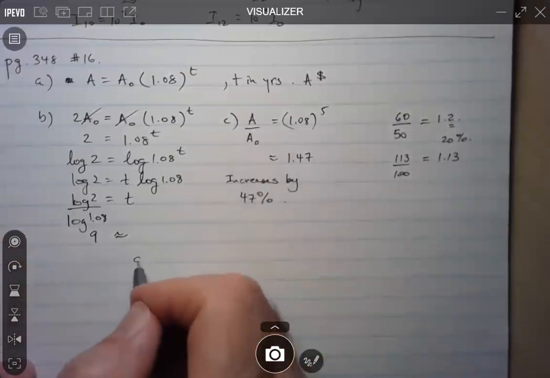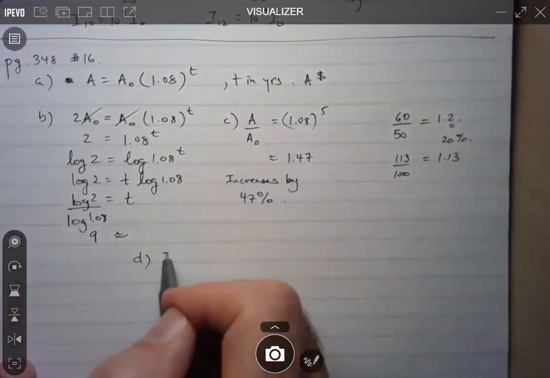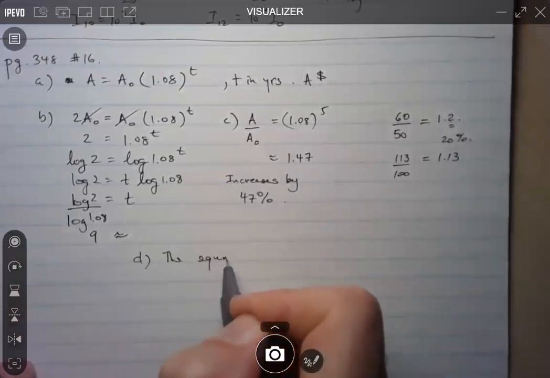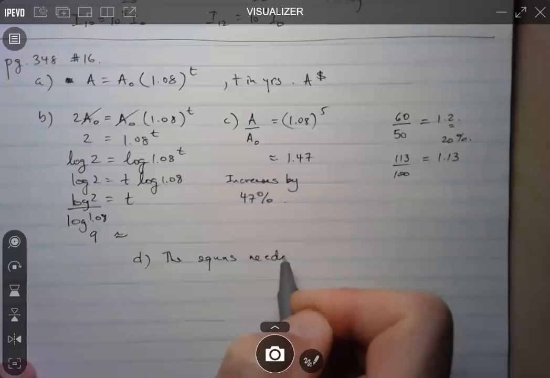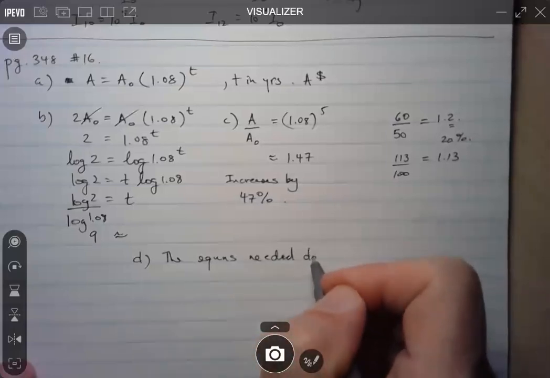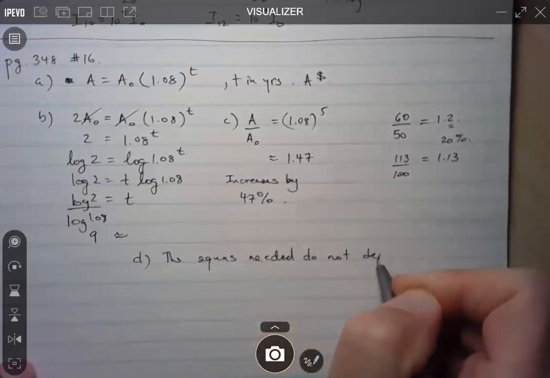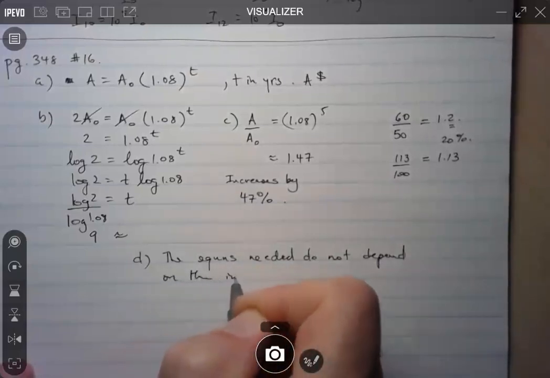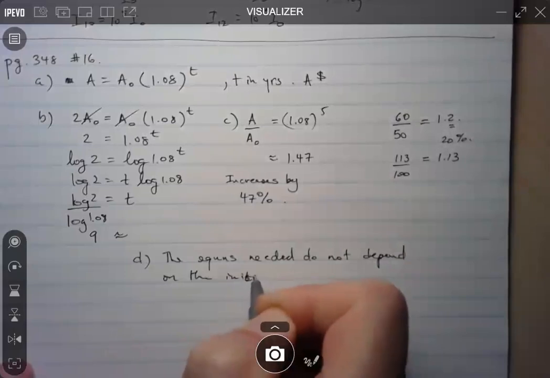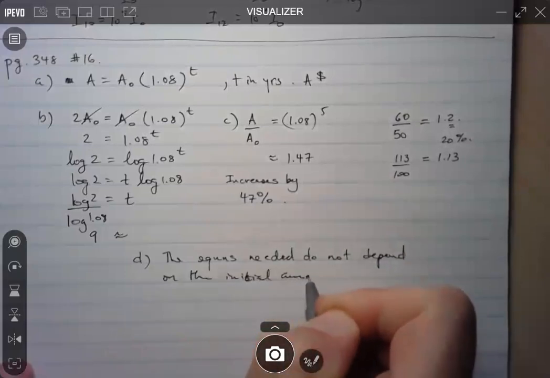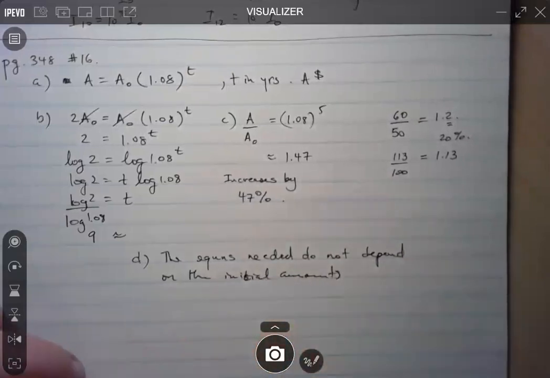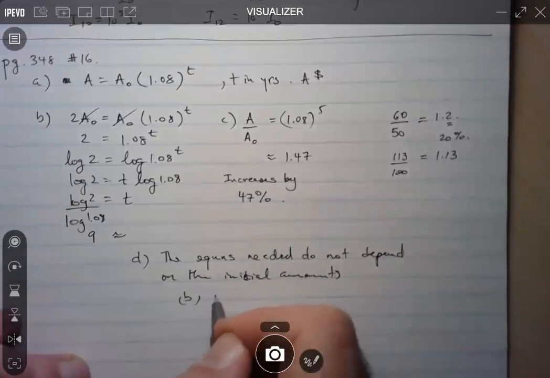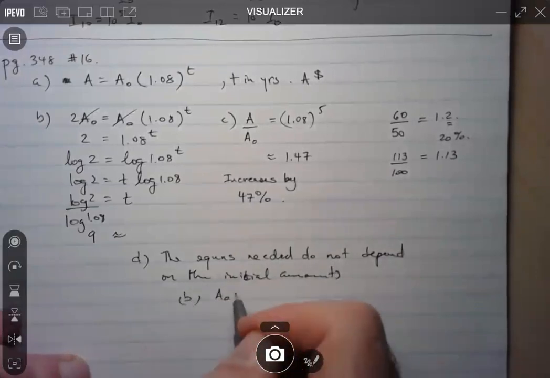So I guess for D, we could see that the equations needed do not depend on the initial amounts. In part B, it's because the A naughts cancel out.